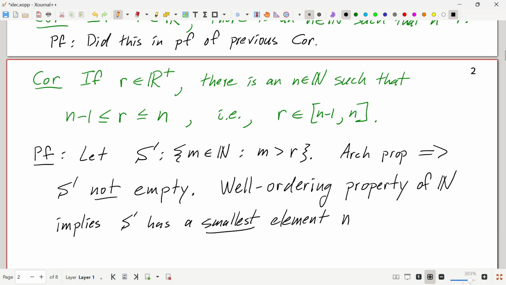Let's call it n naught. And that's the one we want.